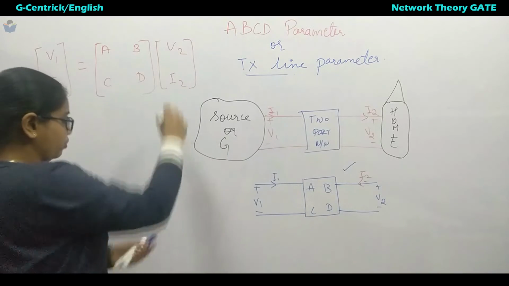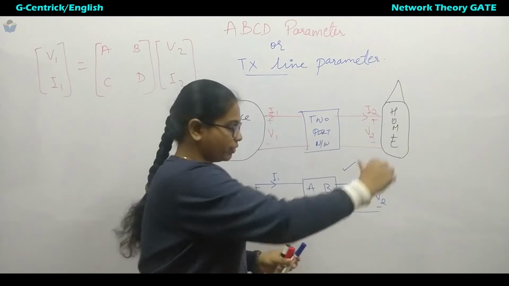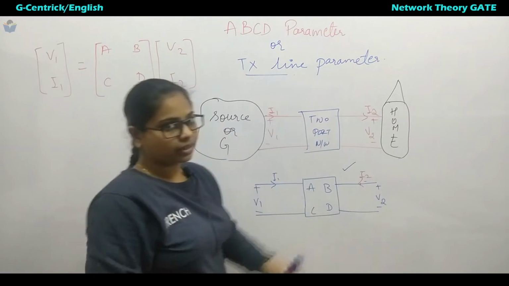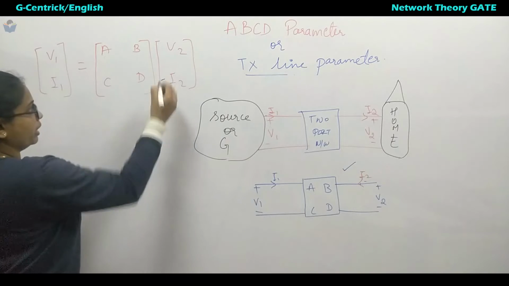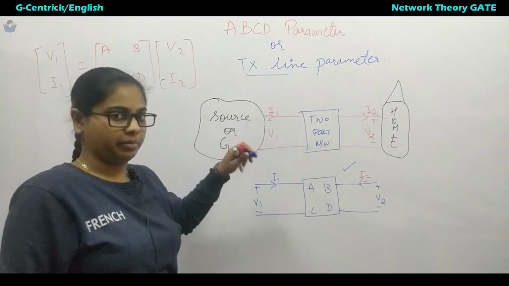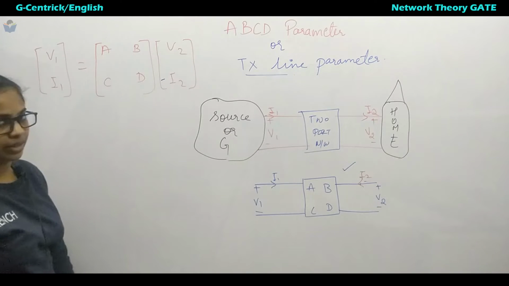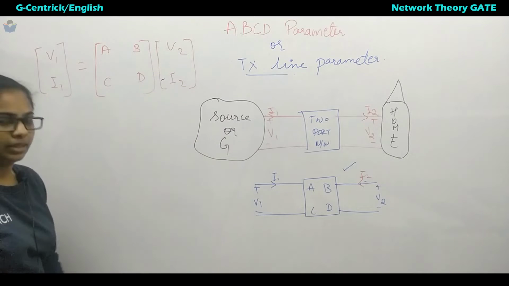Since our actual power system direction is in this way, but we are taking it in this way for the network, we will write it as minus I2. This is important in the ABCD parameter. Rest everything, whatever formulas or equations we write, will be the same. So this is the main point in the ABCD parameter.